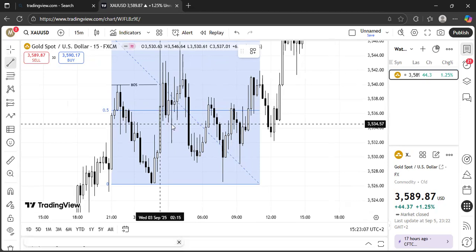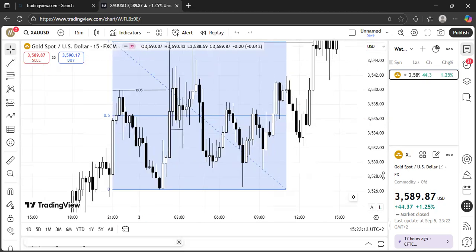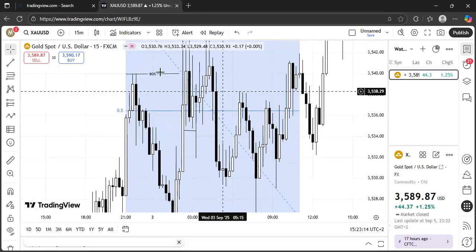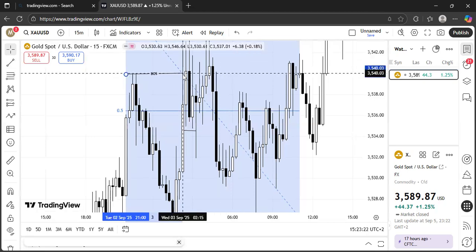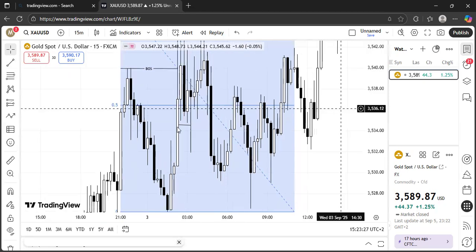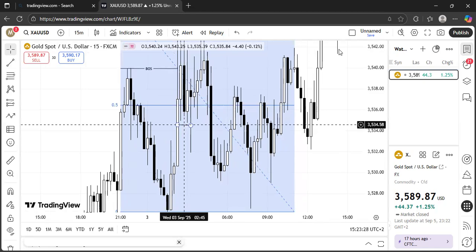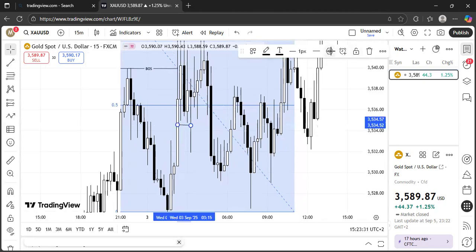This is where we have our imbalance. Let me zoom it out so you guys can see it clearly. Let me fix our break of structure. Okay, let me mark up our imbalance.